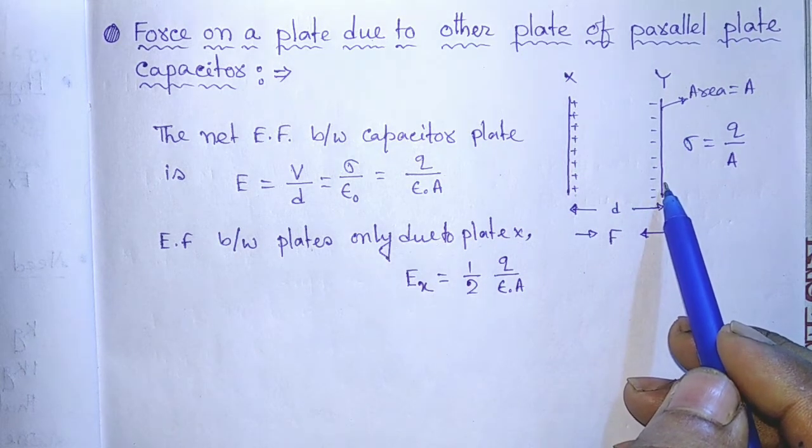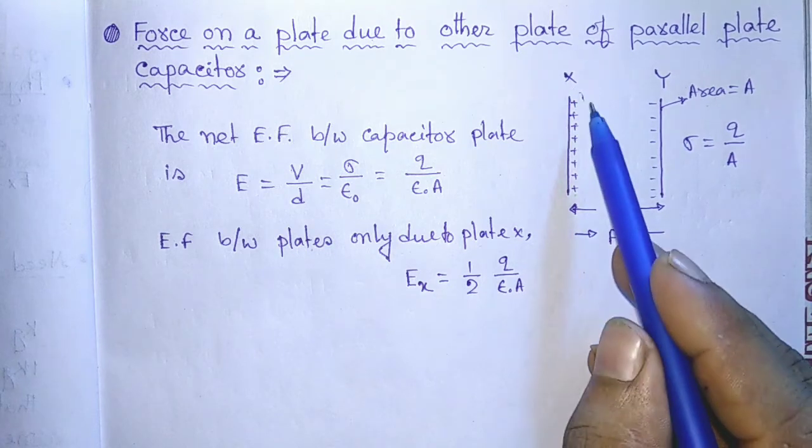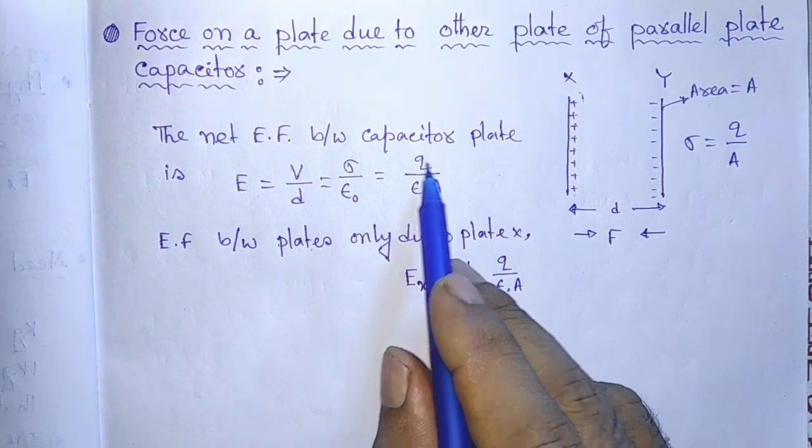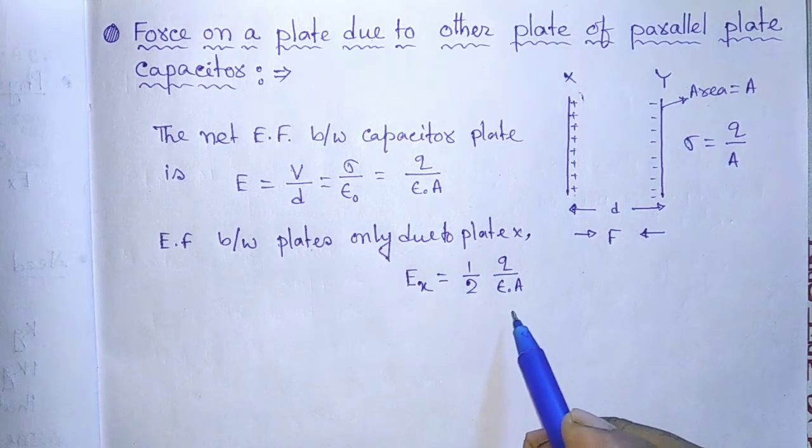Now if we consider a single plate, the electric field between those plates is half of that, so half of Q by epsilon naught A.